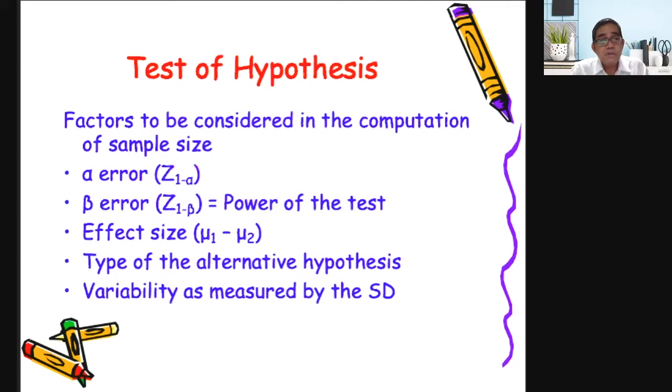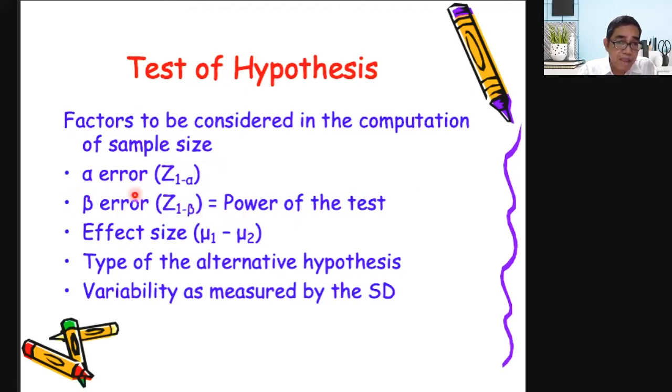Now, let's go to the problem of hypothesis testing. So we test hypotheses. And these are the factors that we need to consider in the computation of the sample size for hypothesis testing. The alpha error, that's denoted by Z sub 1 minus alpha. The beta error, that's denoted by Z sub 1 minus beta.